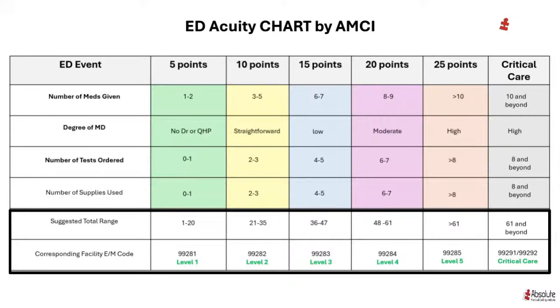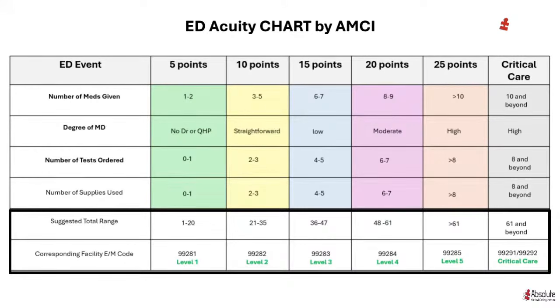Now, CMS gave us the framework for how hospitals should report these facilities, but they left it up to us to come up with the chart. Now, our chart is very much in sync with AHIMA's chart. So if you take the AHIMA exam, and I'm talking about the CCS exam, they're going to give you their acuity chart.